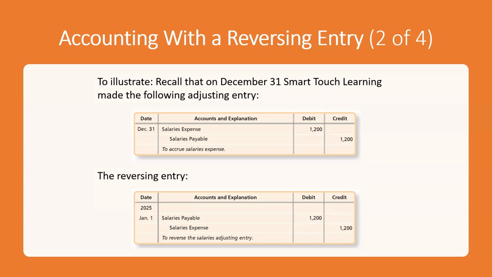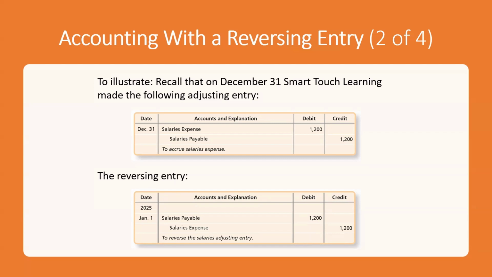To illustrate, recall that on December 31st, Smart Touch Learning made the following adjusting entry: a debit to salaries expense, a credit to salaries payable.